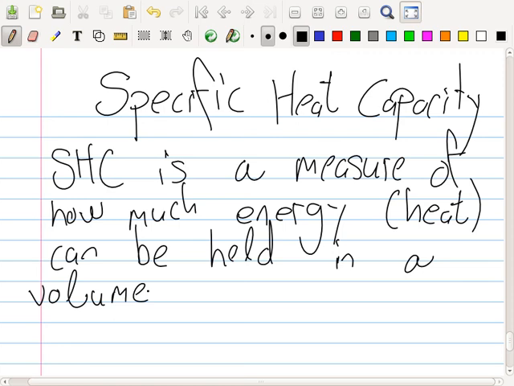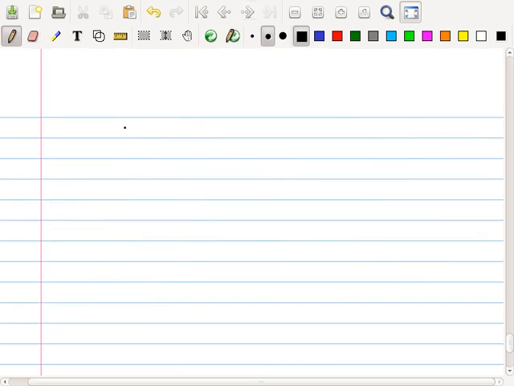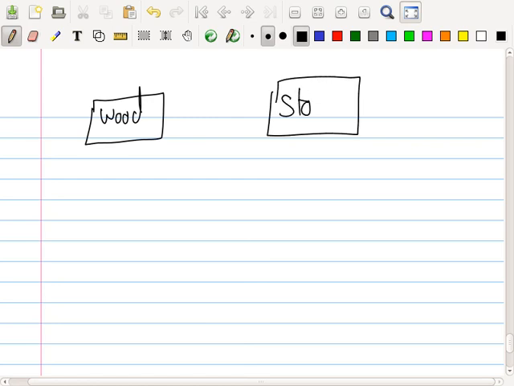Now, let's do a formula, okay? Did you write this down? Okay, let's do an example. So wood, iron, stone. And let's make our life easy.